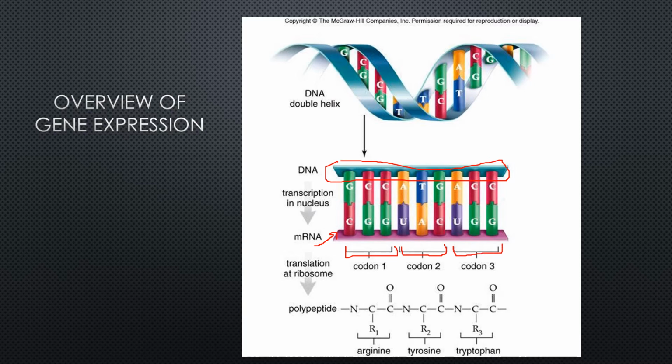Each codon, each three bases, is then translated at the ribosome into a particular amino acid. In this case, we have arginine, tyrosine, and tryptophan. And when they're bound together, that makes a polypeptide, or a protein.